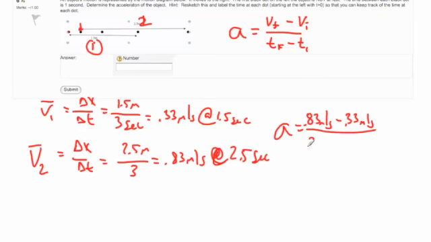And then the time interval from 2.5 started at 1.5. This velocity occurred at that time, this velocity occurred at that time. Okay, so then this will be 0.5 over 1, or 0.5 meters per second per second.